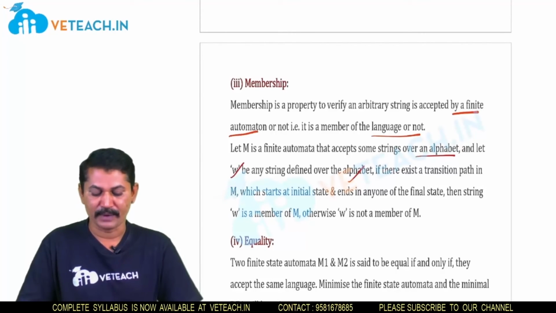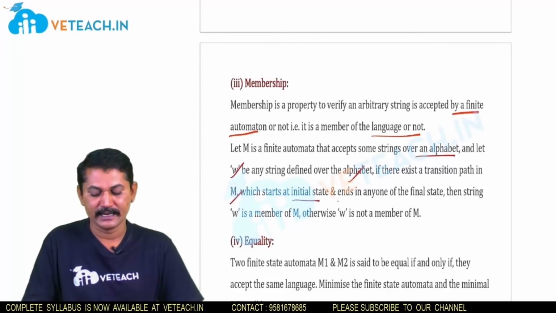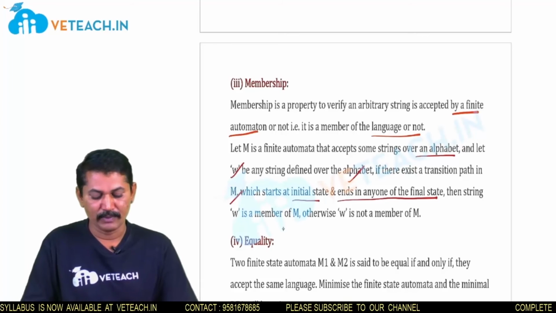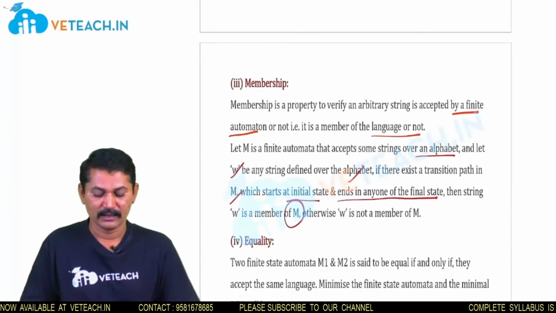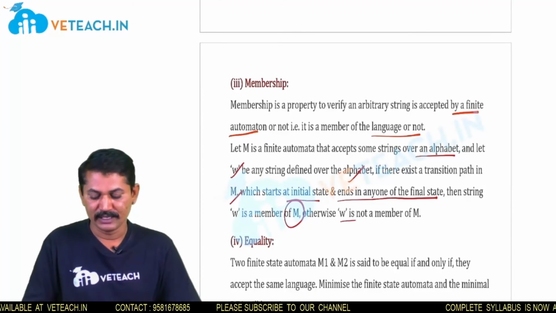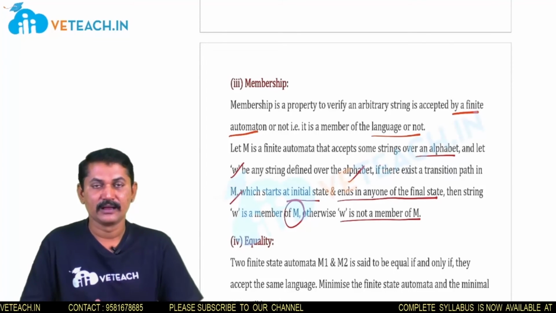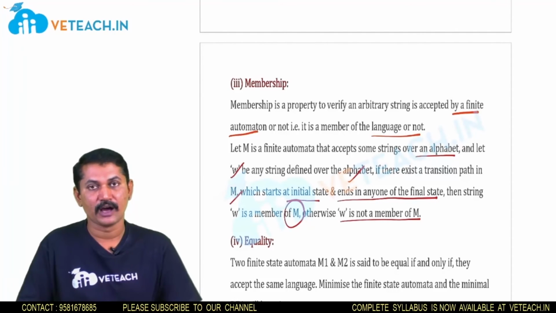If there exists a transition path in M which starts at the initial state and ends at one of the final states, then the string W is a member of M. Otherwise, W is not a member of M.